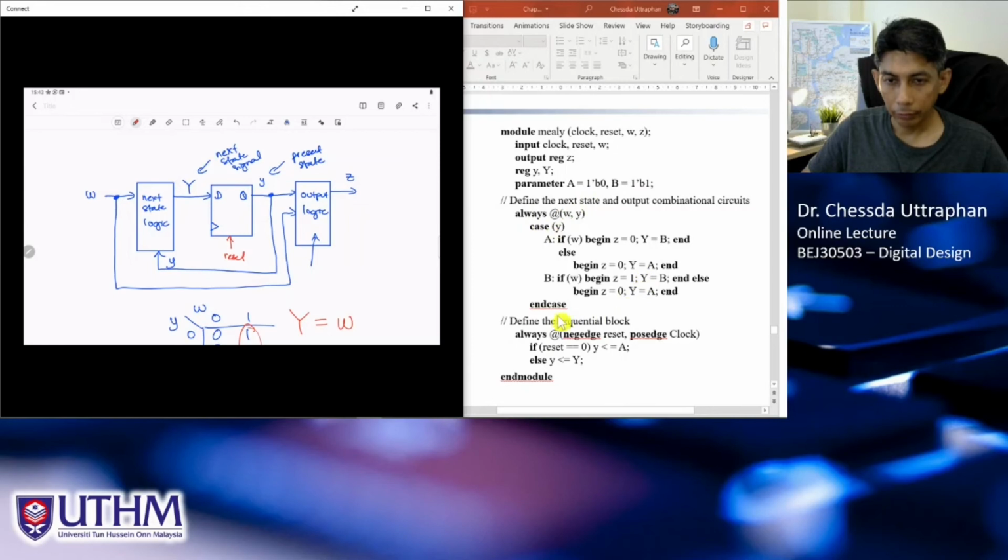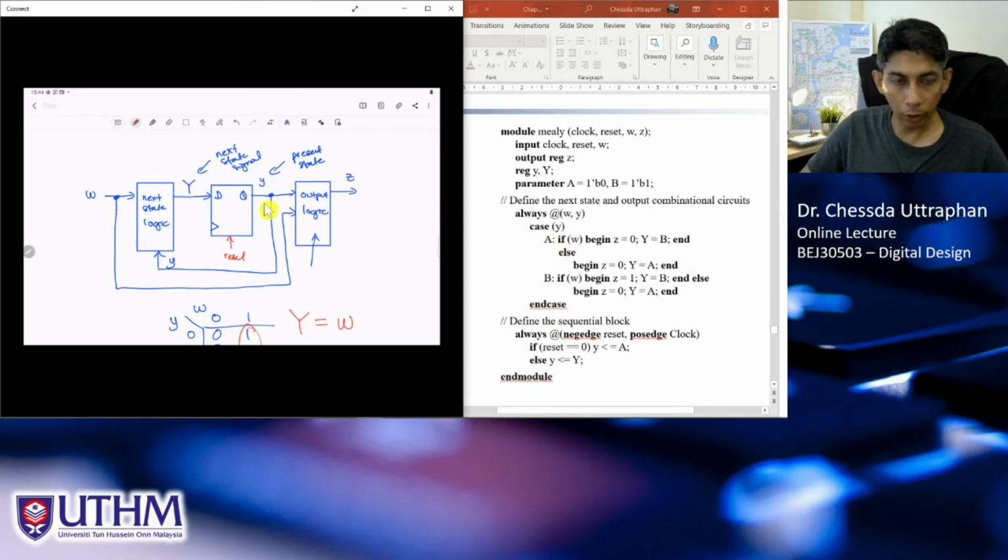And we have this. This is to define the logic block here and also here. So we can use always with input. So we have two inputs. That's why we have W here, and we have Y here. Right? Input to this, we have W and Y. Input to this also W and Y. So case Y, because Y is the state, present state, right?